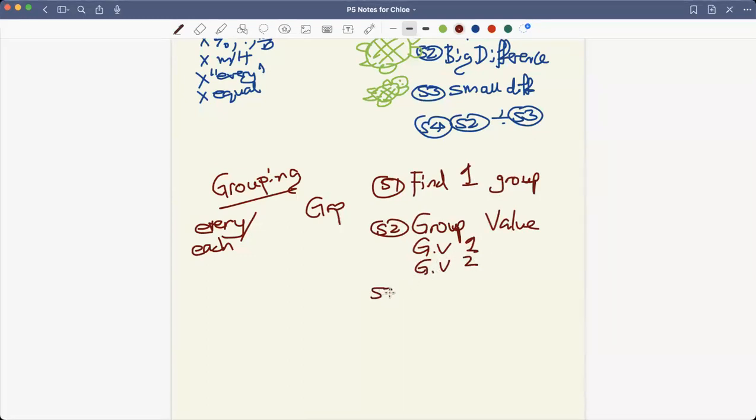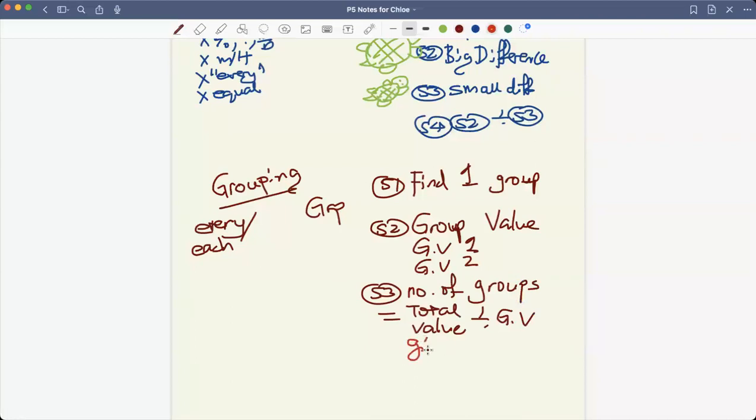And then step 3 is to find the number of groups, which is your total value divided by your group value. And this is given. Okay? So that's grouping.